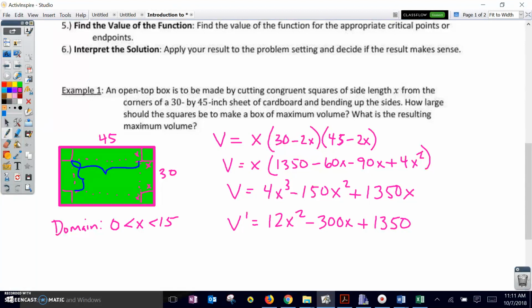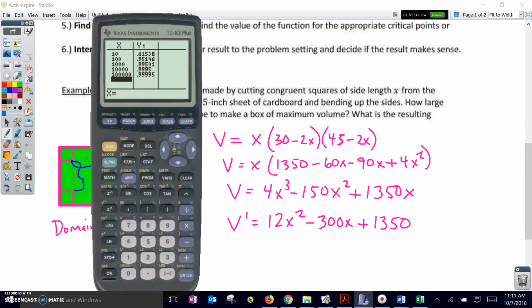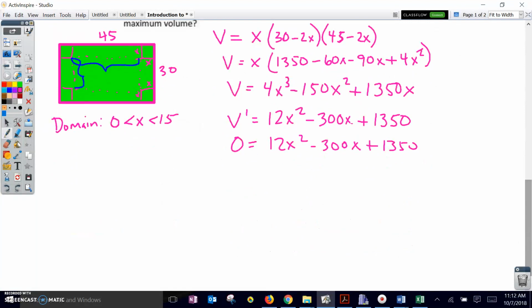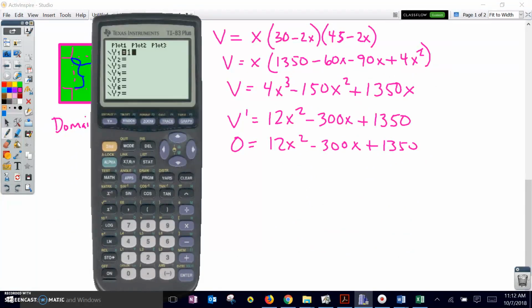And now we want to find our potential critical points. So I'm going to set this equal to 0 and solve. Let's see, y equals 12x squared minus 300x plus 1350, and realize our realistic domain was only from 0 to 15, so that's where I'm going to look for critical points.